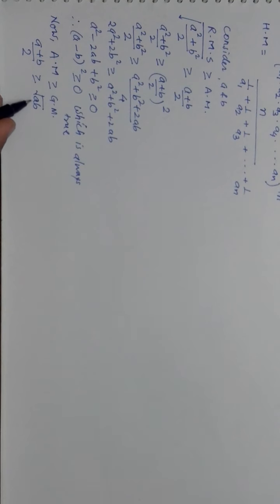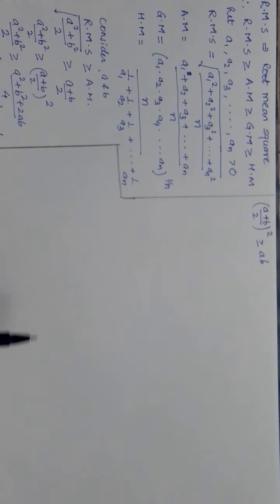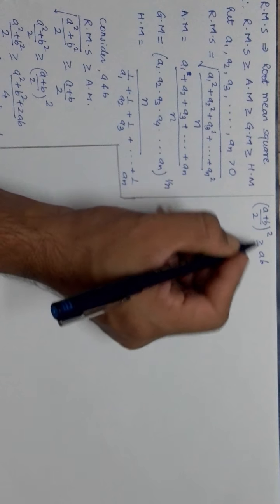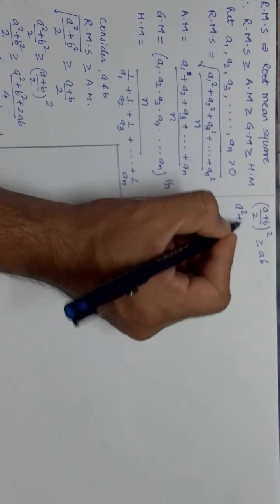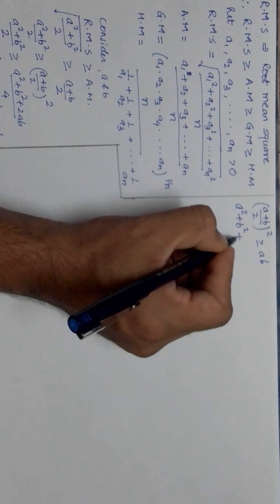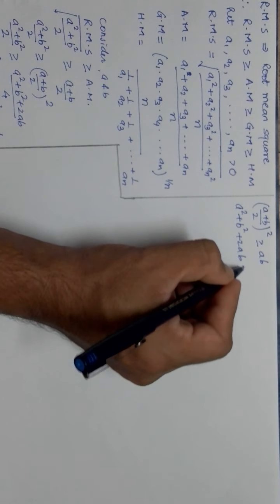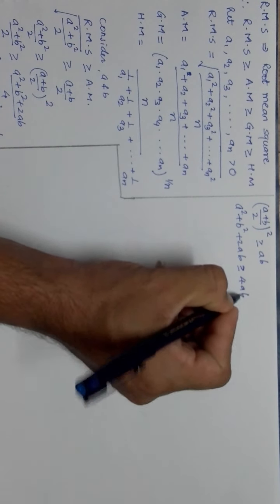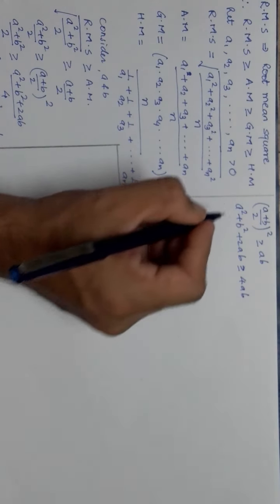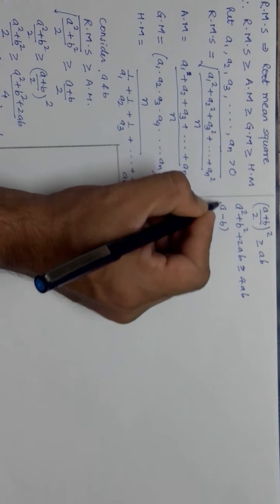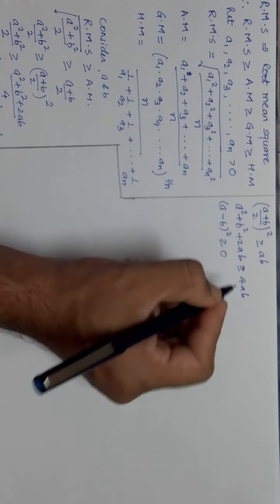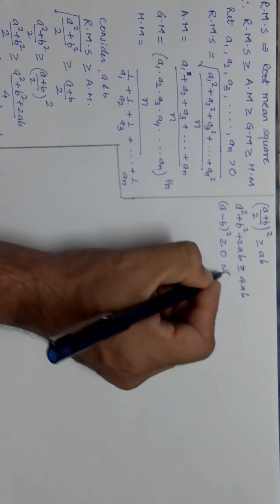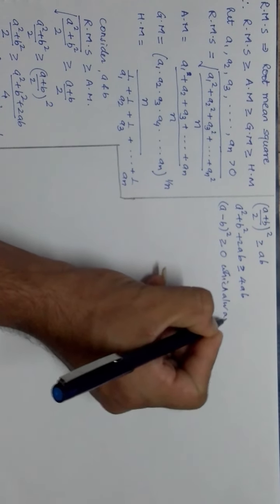So here the terms are only 2, so nth root is 2, so you can write it as under root AB, which becomes here as, so on squaring we get A plus B the whole square is greater than equal to 4AB, which is nothing but A square plus B square plus 2AB is greater than equal to 4AB. Agreed? So here this will become again A minus B the whole square, which is greater than equal to 0, which is again universally true, which is always true.